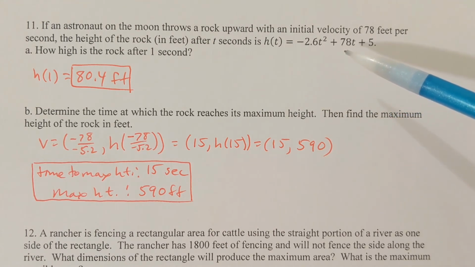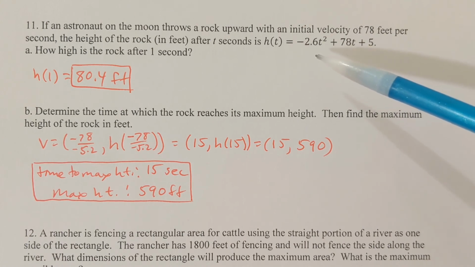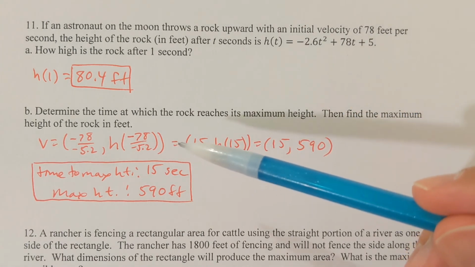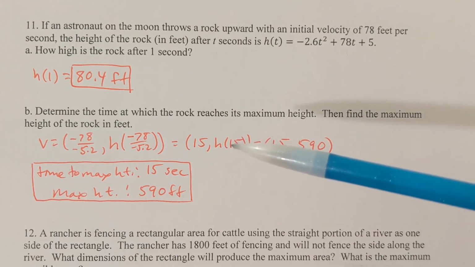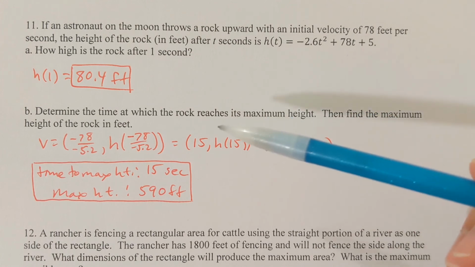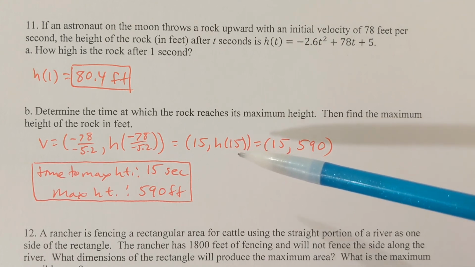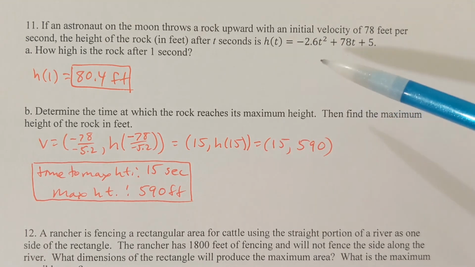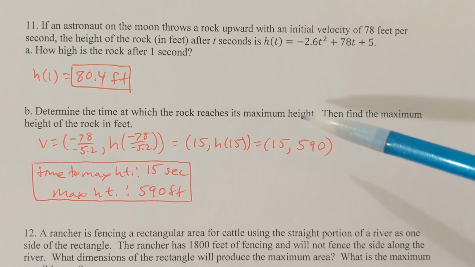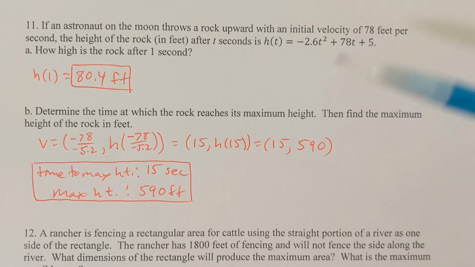The vertex: negative b divided by 2a, so that's negative 78 divided by 2a, which is negative 5.2. And then I want h of that. Negative 78 divided by negative 5.2 is 15. And then h of 15 gives me 590.